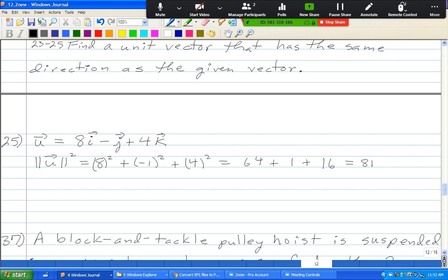And so the length of this vector, the norm of the vector, is just the square root of 81, which is 9.